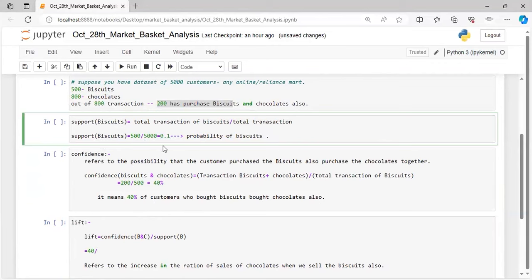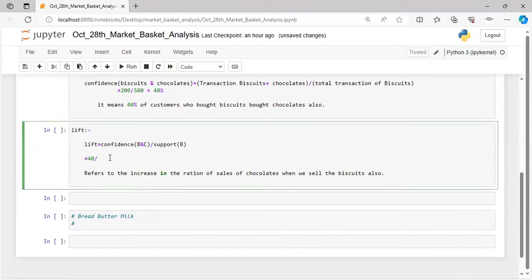So it is 40%, then it will be 10%. 40 divided by 10, so finally it will be 4. This indicates the probability of people buying both biscuit and chocolates together is 4 times.